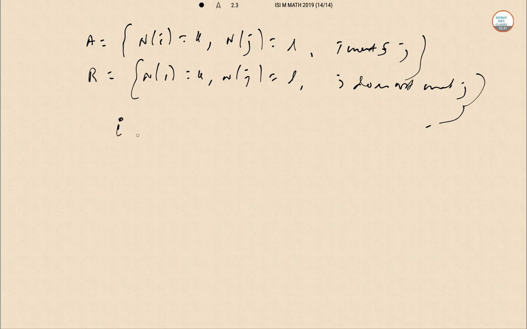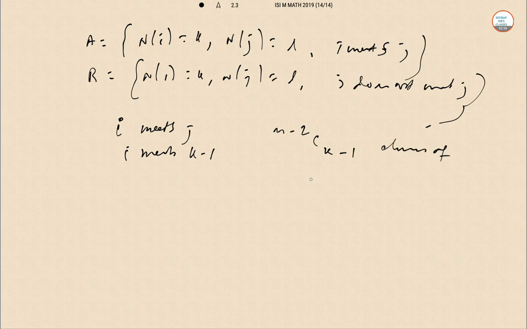Then i meets j and i meets k minus 1 other persons from n minus 2 possible persons. So obviously, n minus 2 are the choices of persons except j that i meets.